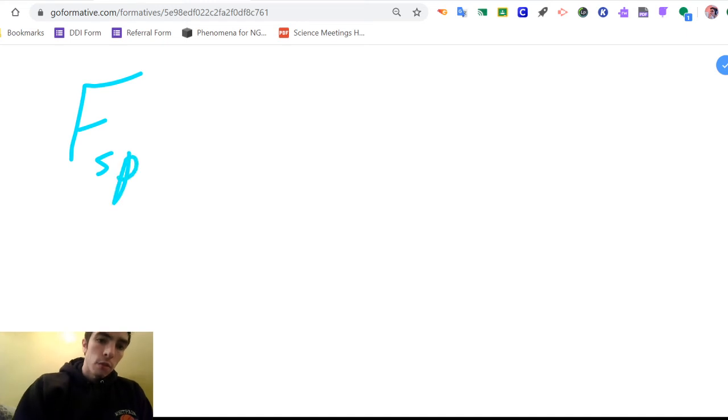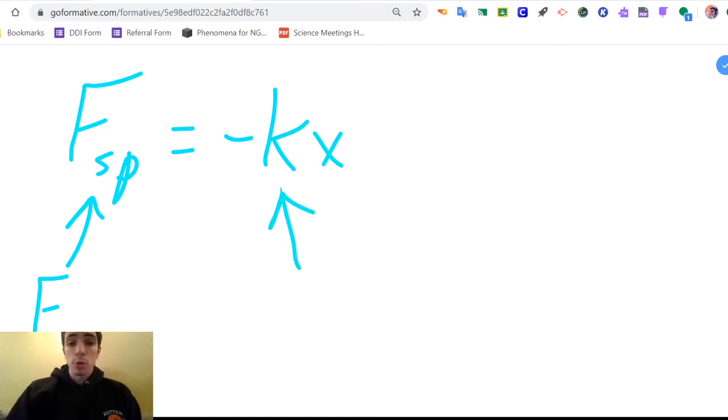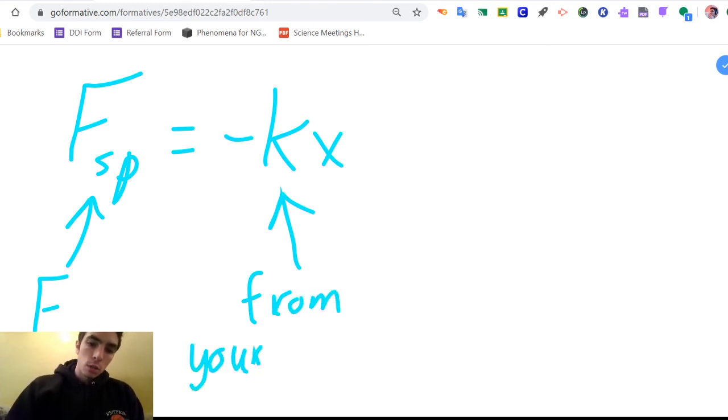So we have that spring force is equal to negative kx, and you can figure out, again, as you have a bunch of other times, what that spring force is. It's going to be the same as whatever your force of gravity or weight for that 250 gram mass is going to be. For the spring constant, use your predicted spring constant. So for me, based on my data, it looked like it was going to be about 13 newtons per meter, but that is something from your prediction.